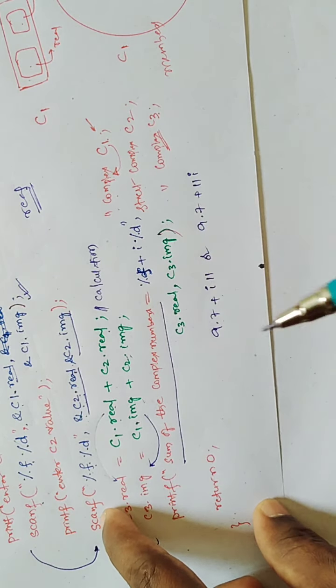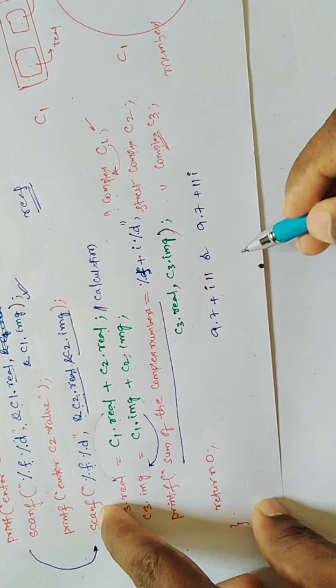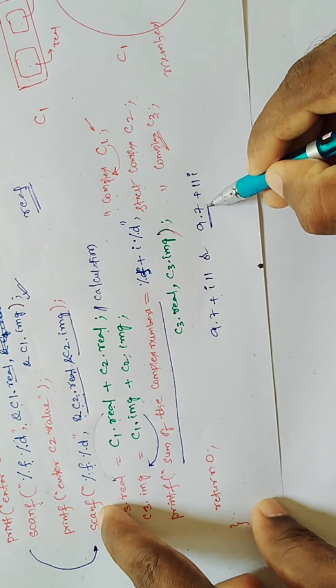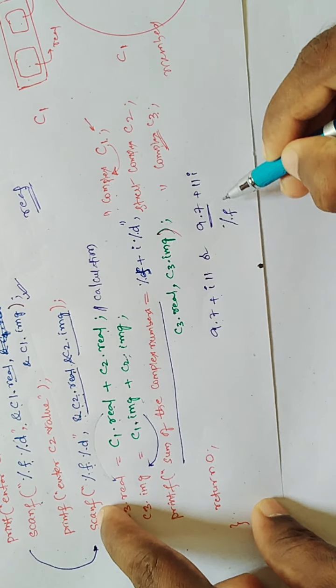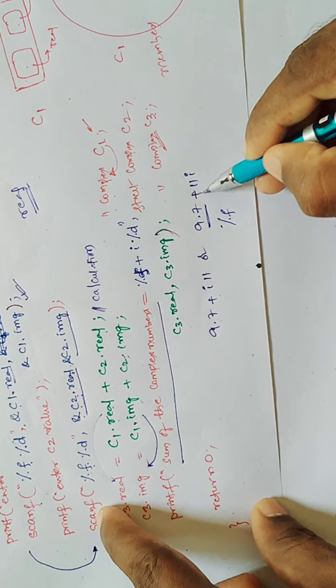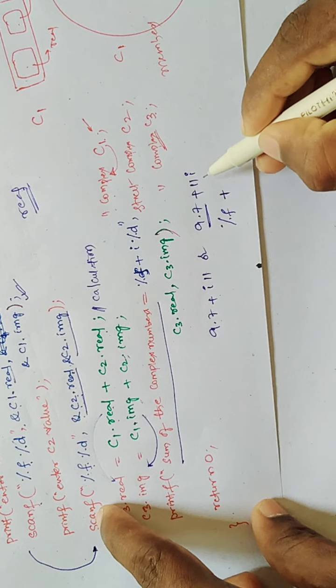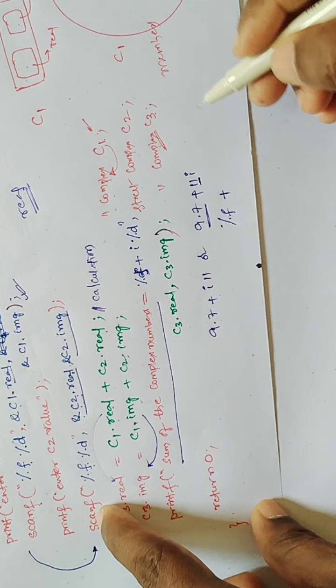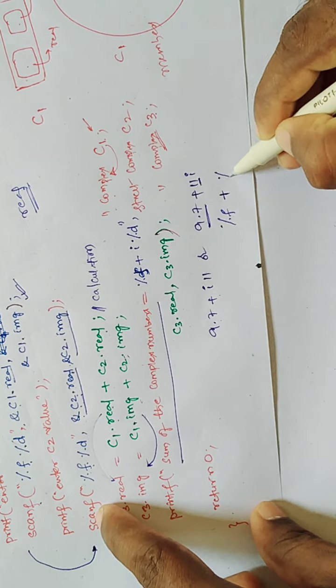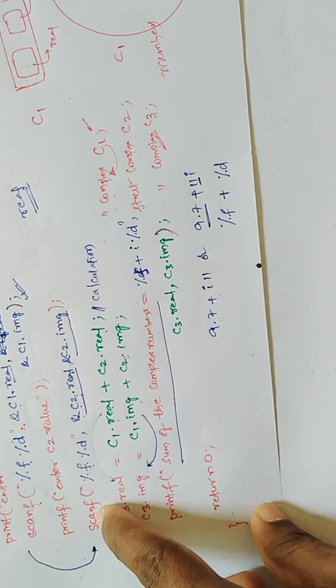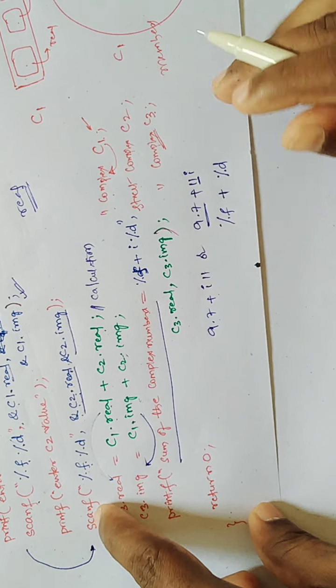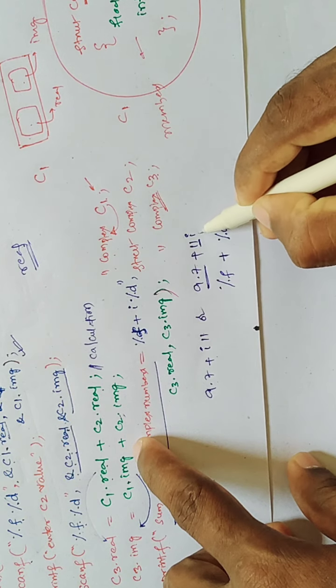For the sum of two complex numbers I have to write, the first is a float, therefore percentage f. Second, I want to print plus, therefore I am writing plus. And I want to print this 11, which is the imaginary part, of integer type. So these are format specifiers, and this should be ended by i.